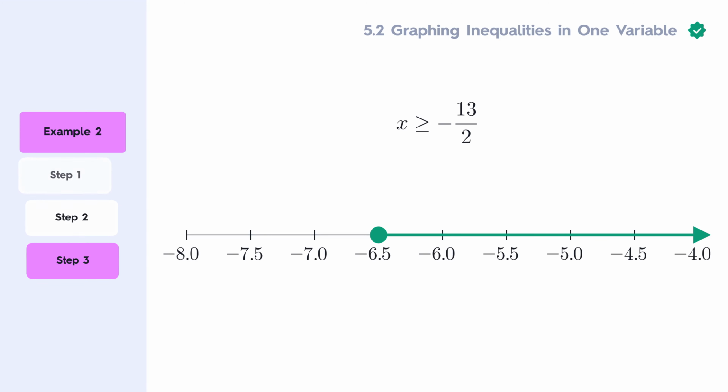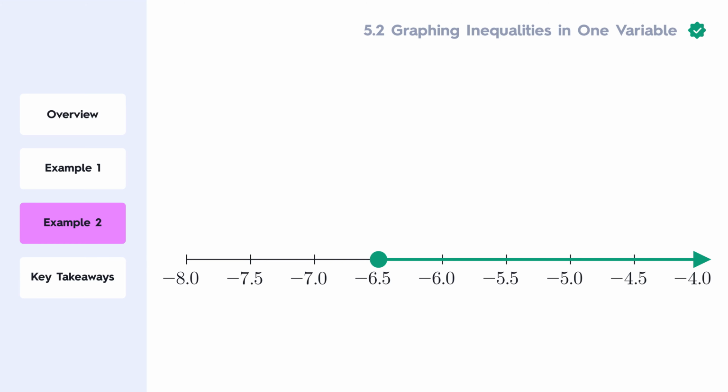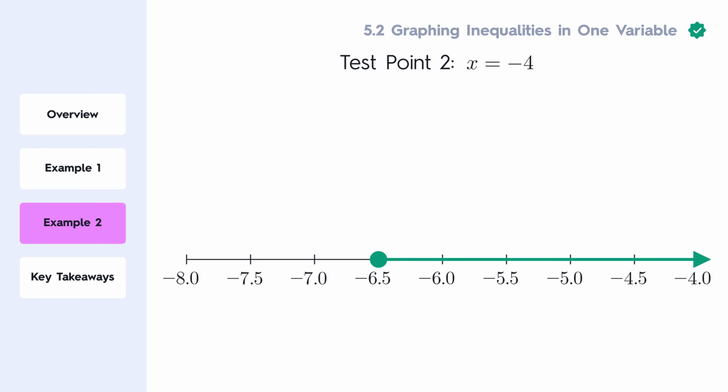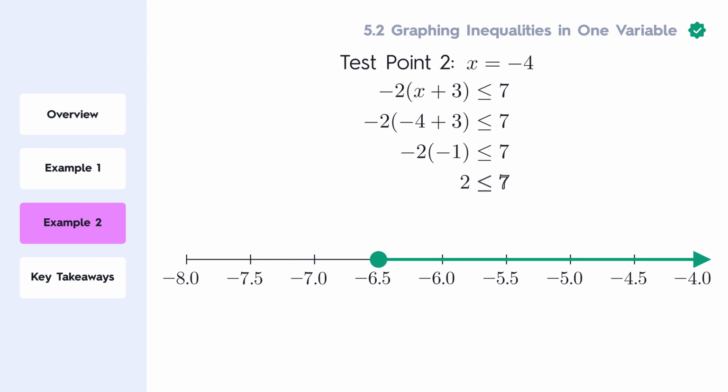Let's verify our solution by substituting a few points from the shaded area back into the original inequality to confirm that they make the inequality true. This is true, so x equals -6 satisfies the inequality. Let's test out x equals -4 next. This is also true, so x equals -4 satisfies the inequality.